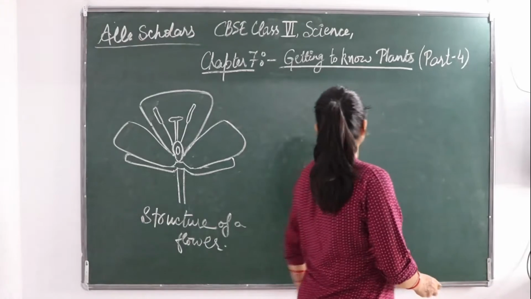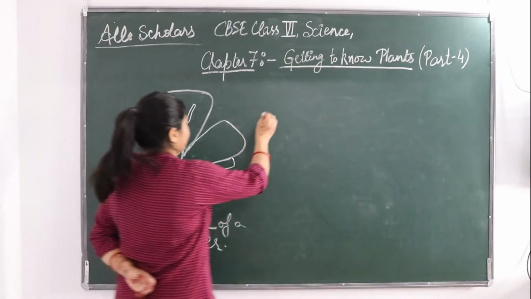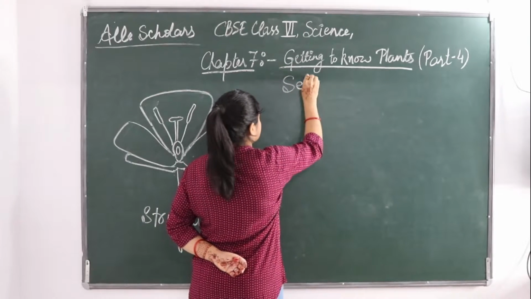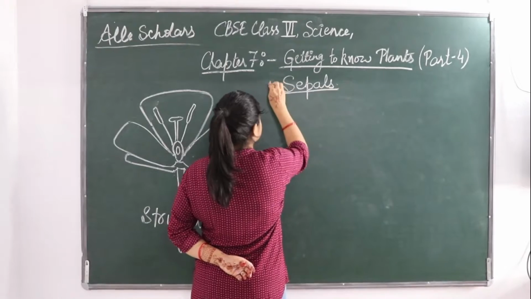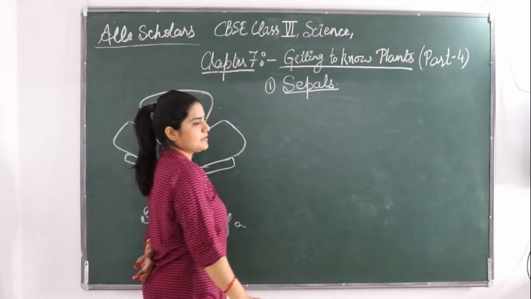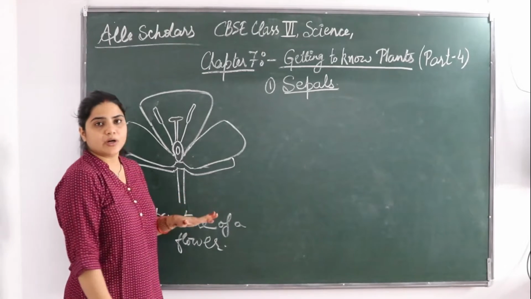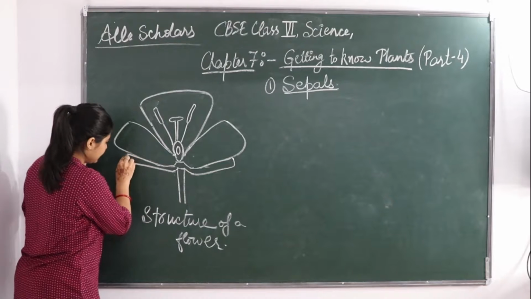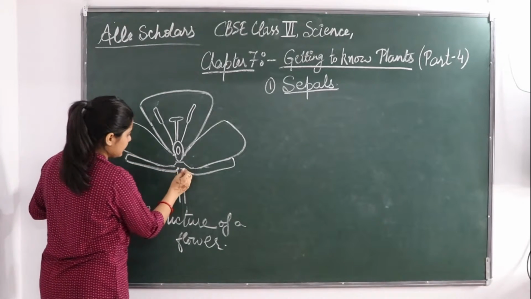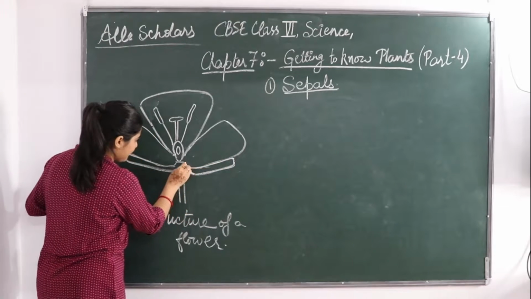So first we will see the first part, that is the sepals. What are the sepals? Okay, the first part of the flower is a sepal. It is the outermost wall of a flower. You can see this green part, this one is a sepal.